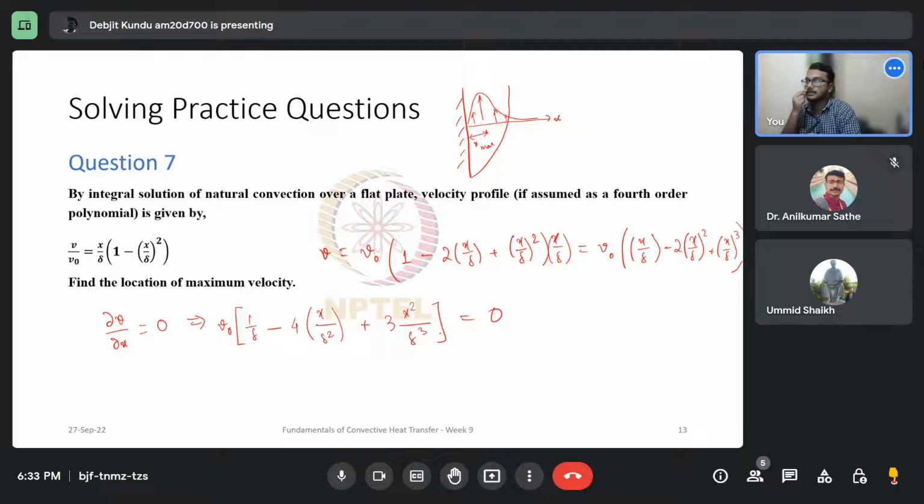Now let's multiply this whole thing by delta cube, and let's neglect v naught. So this equation boils down to delta squared minus 4x delta plus 3x squared equal to 0. Correct.